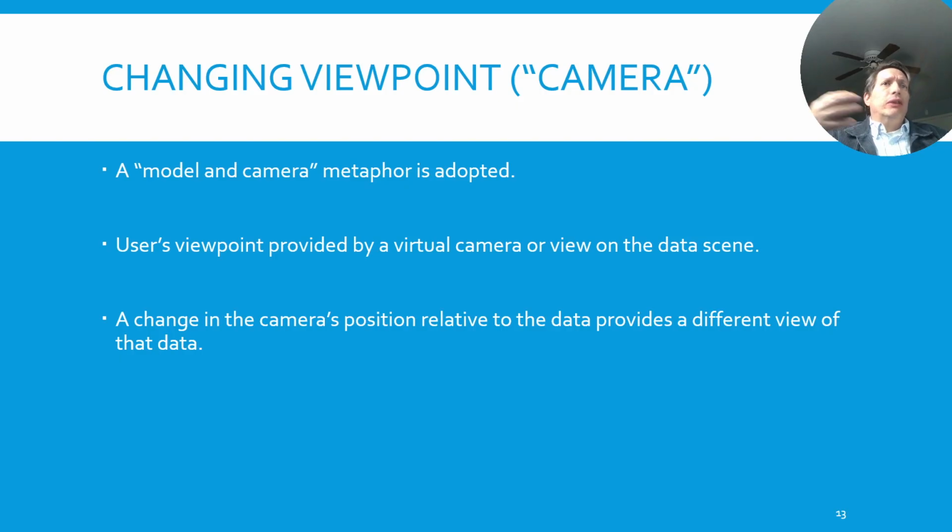Then we also have changing the viewpoint of the camera. And this is based on the metaphor of a model and a camera, that you have a model and you can move the camera around. Then it creates different views of the data. And similar to the thing that I was showing you, that when you aggregate data, or when you sort data in different ways, you are going to have different stories to tell.